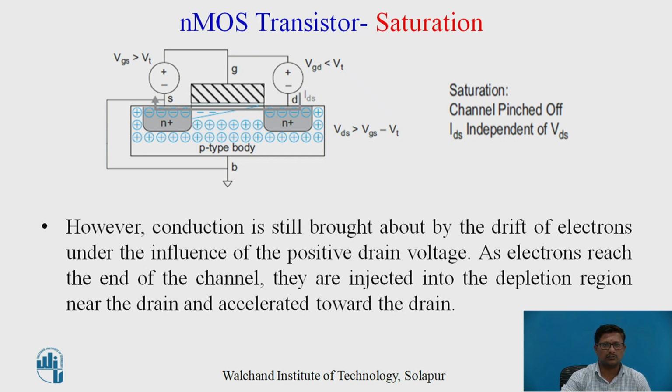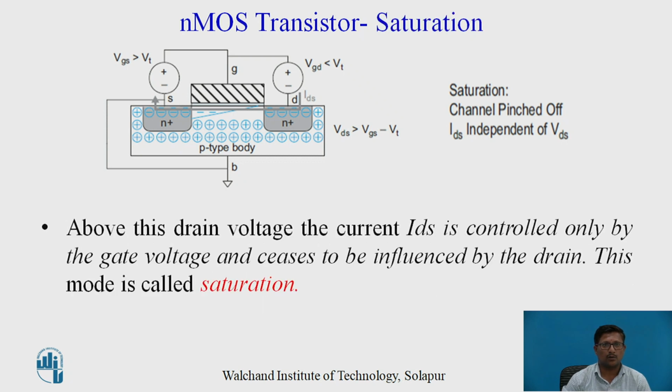As electrons reach the end of the channel, they are injected into the depletion region near the drain and accelerated towards the drain. Above this drain voltage, the current IDS is controlled only by the gate voltage and ceases to be influenced by the drain. This mode is called the saturation mode. In the saturation mode, the important thing is that IDS is independent of VDS.